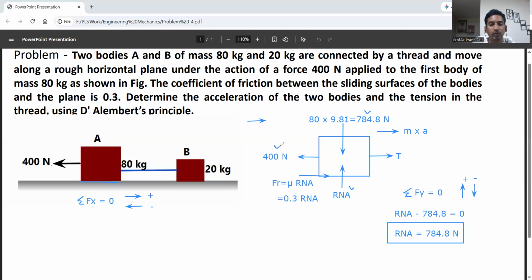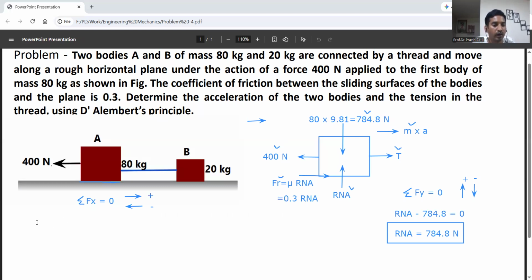First, 400 Newton is towards the left side, so it is negative. T is towards the right side, so it is positive. The friction force is towards the right side, so it is also positive. Mass into acceleration is also towards the right side, so it is also positive.